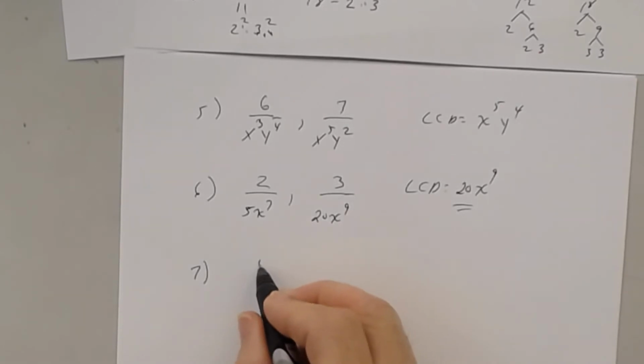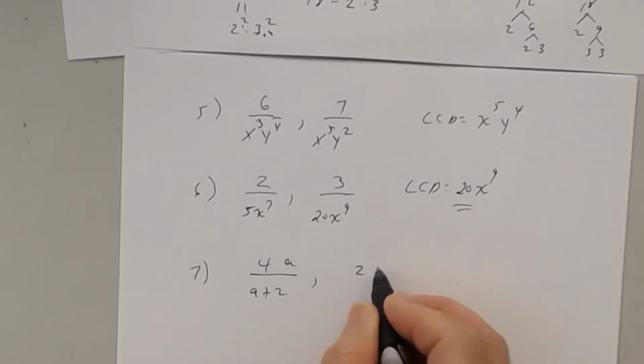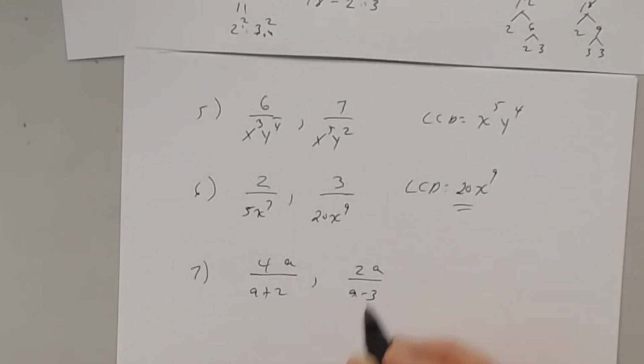All right, next one. 4a divided by a plus 2, comma, 2a divided by a minus 3. Let's see if you remember how to determine what your factors are. In that first denominator, what is my factor? A plus 2 is your factor, not a, because if a was your factor, then that better be a product right here.